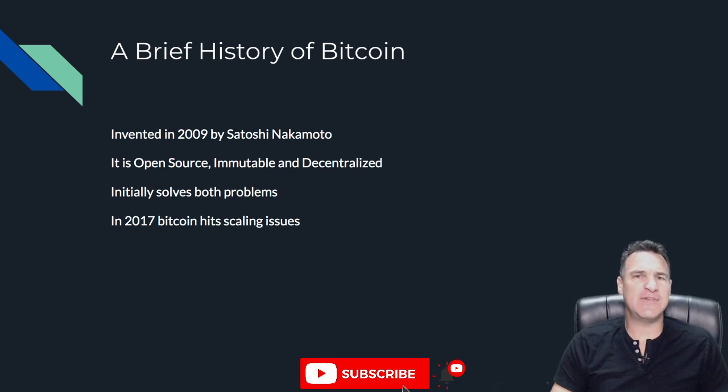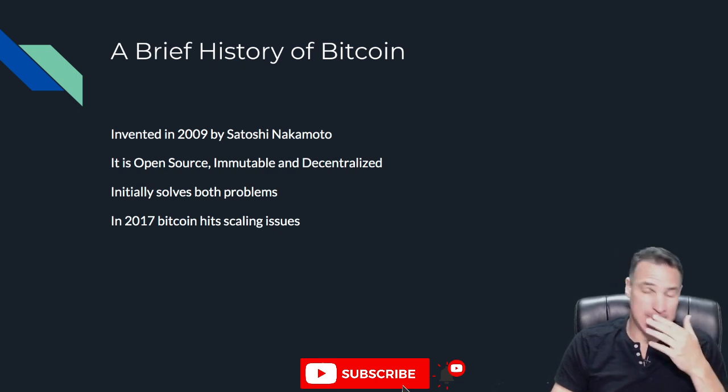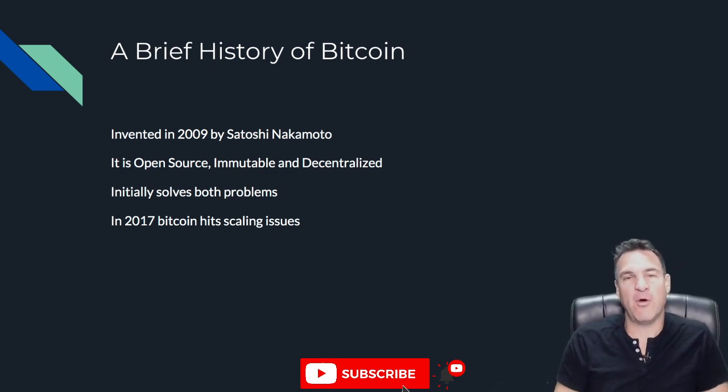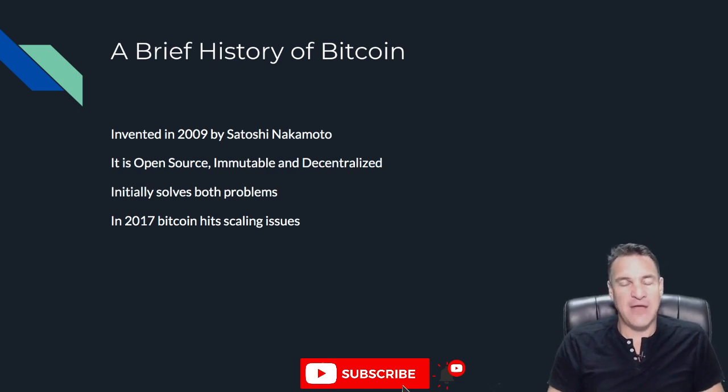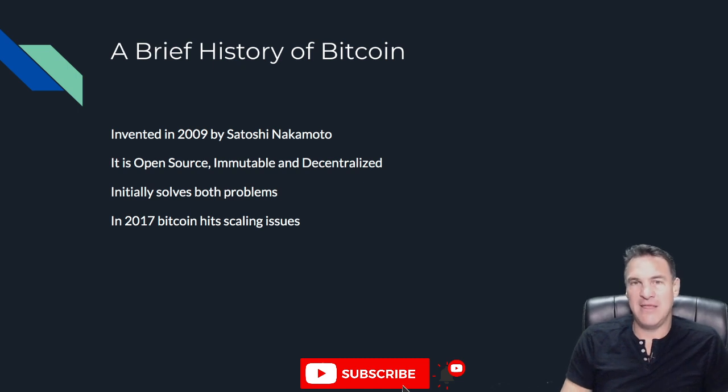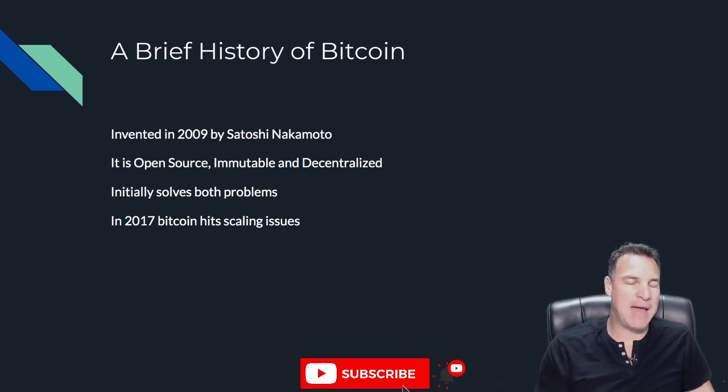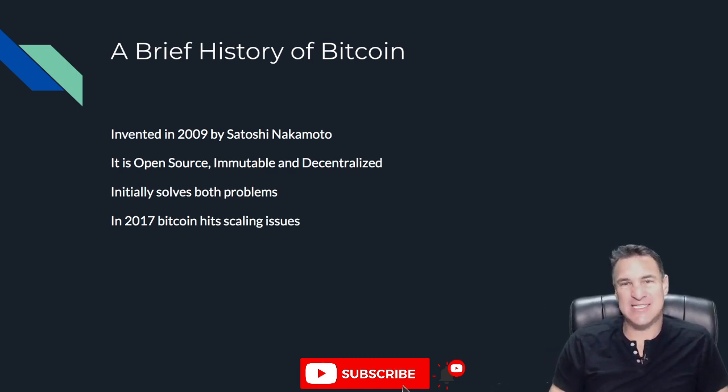But in 2017, Bitcoin had some scaling issues. It basically hit the limit of what the network could handle. This was a problem that was anticipated for quite some time. But it meant it began to fail at promise number 2. It was still an excellent store of value, but sending money all of a sudden became expensive.